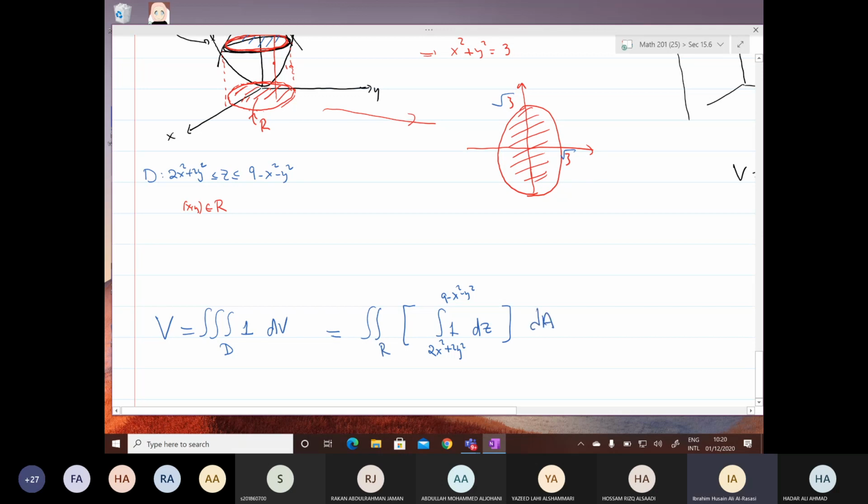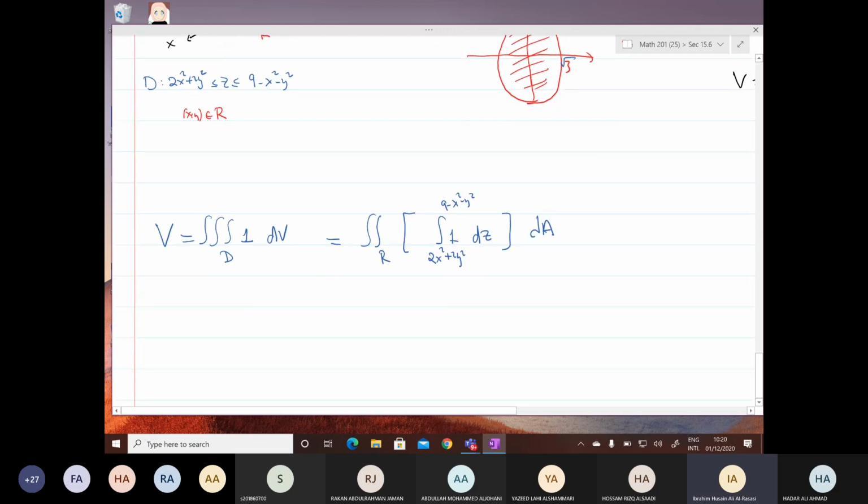Before I set up the limits of integration for the double integral, let me evaluate the inner integral. The integral of 1 dz, with z from 2x squared plus 2y squared to 9 minus x squared minus y squared, becomes 9 minus x squared minus y squared minus 2x squared minus 2y squared.